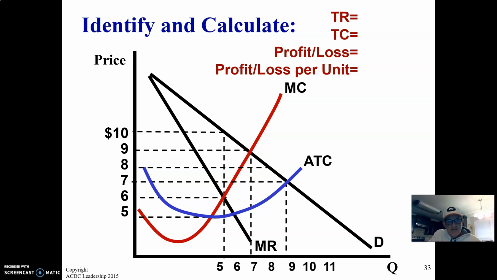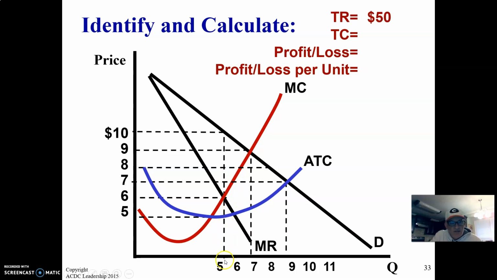All right, this is some practice here for you to identify and calculate total revenue. So let's just go through this one real quick. We would produce where MR equals MC. So we're going to produce 5 units, and we're going to charge $10. So our total revenue would be $50.